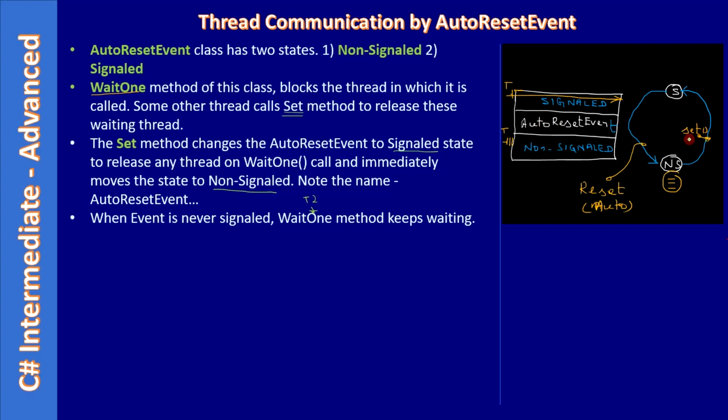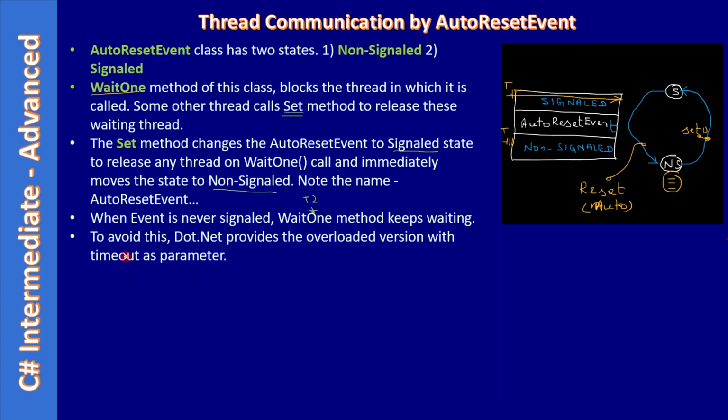So that means they are signaling the waiting thread. So when the Set method is never called, the WaitOne method keeps waiting. That means it's a kind of a deadlock situation, right? So the thread is blocked forever.